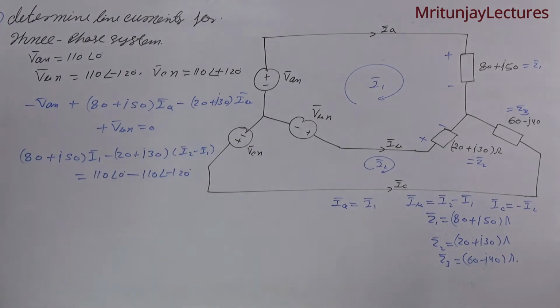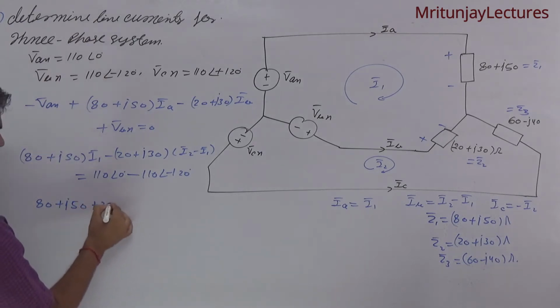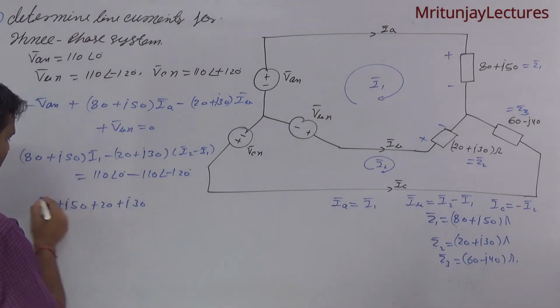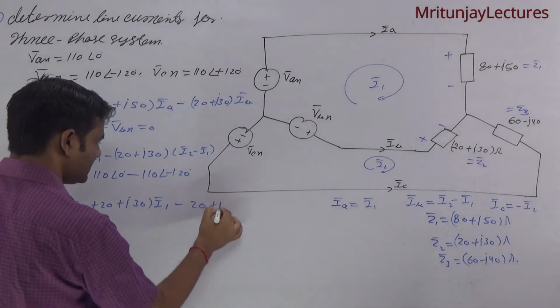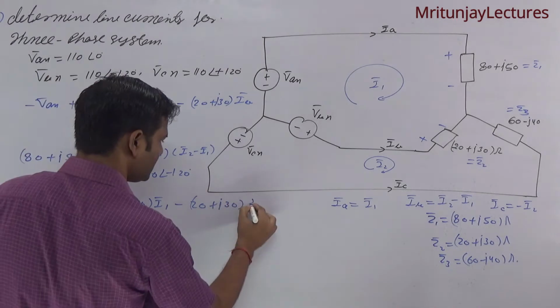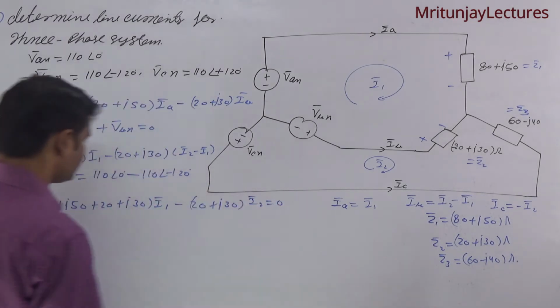Okay, so 80 plus J50 plus 20 plus J30, that is I1, minus 20 plus J30 into I2.